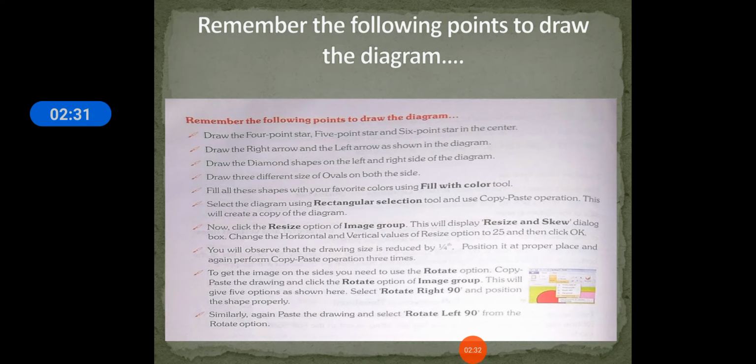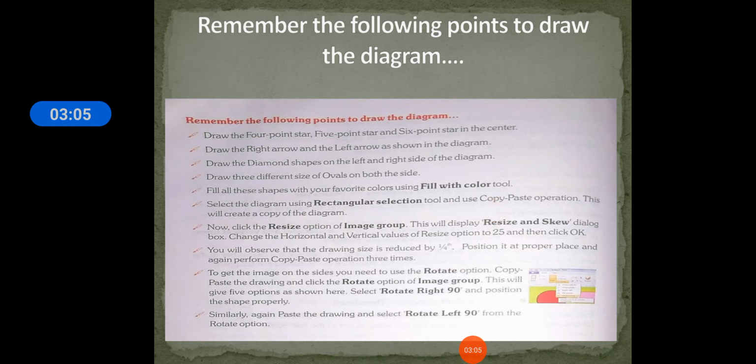Now, students, as we have seen in the live class, we have drawn this image. By these steps you can draw the image using the 4-point star, 5-point star and 6-point star, as we have done in the previous page. Now, you have to use the fill color option and the rectangular selection option, and resize to make the picture small by placing the horizontal and vertical value as 25.